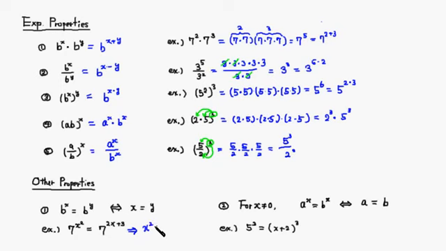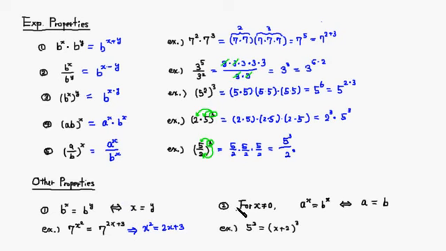So the exponent on the left-hand side is x squared, and the exponent on the right-hand side is 2x plus 3. Therefore, x squared must be the same as 2x plus 3. In the second example, you can solve for x if you want, by application of the first property.